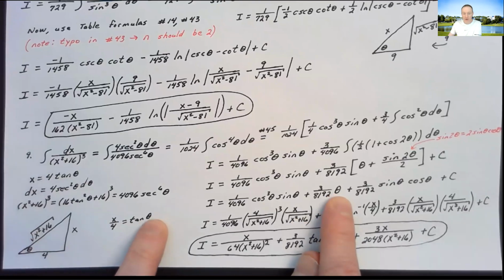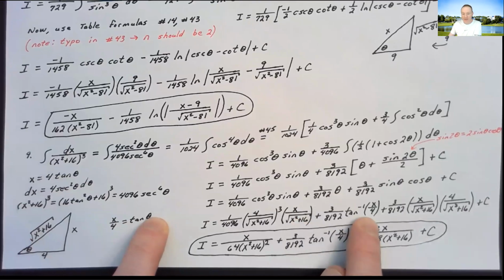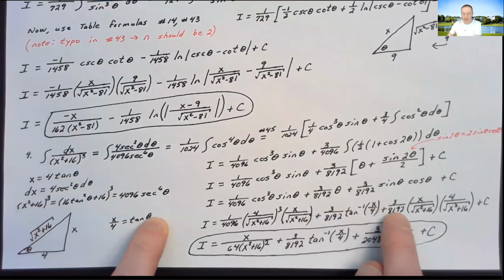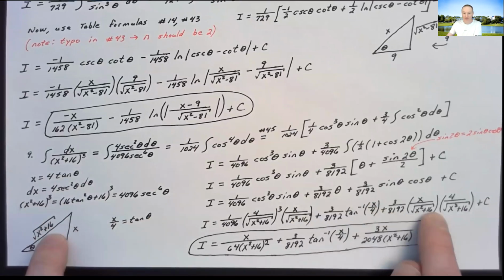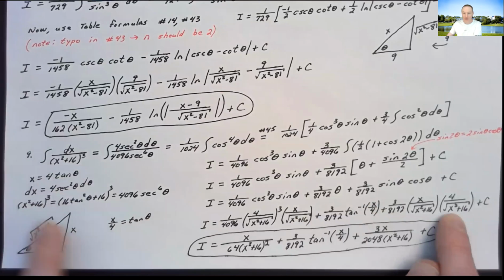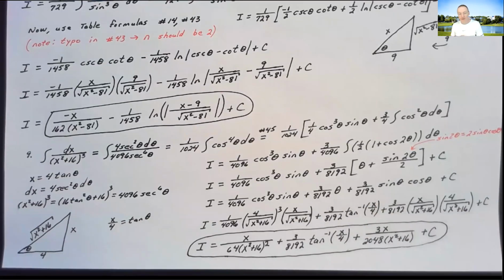Well, theta is right here. In order to solve for theta, you would just take the inverse tangent of both sides. So that's where I got the inverse tangent of x over 4. Plus 3 over 8192. Again, sine of theta is the opposite over hypotenuse, and cosine of theta is adjacent over hypotenuse. That's where those two fractions came from, plus your constant of integration.